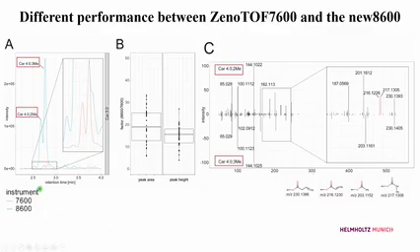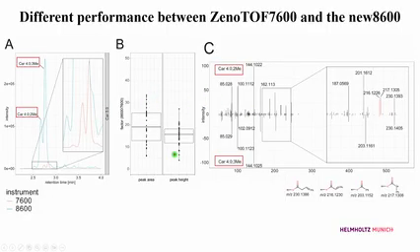If we compare the results of Zeno 7600, highlighted by the red line, you can definitely see a huge difference with Zeno 8600. Those two peaks were identified as the two five-carbon acyl carnitines, the two isomers of valeryl carnitine. For those two examples, we have a signal increase of about 17 and 18-fold using Zeno 8600.